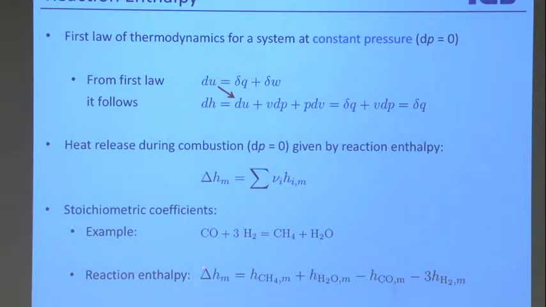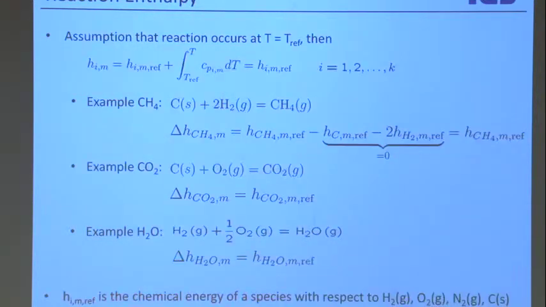So if I measured this quantity, it would allow me to say something about the individual enthalpies. Or vice versa, if I know these, then it allows me to say something about the dQ, how much heat is released.